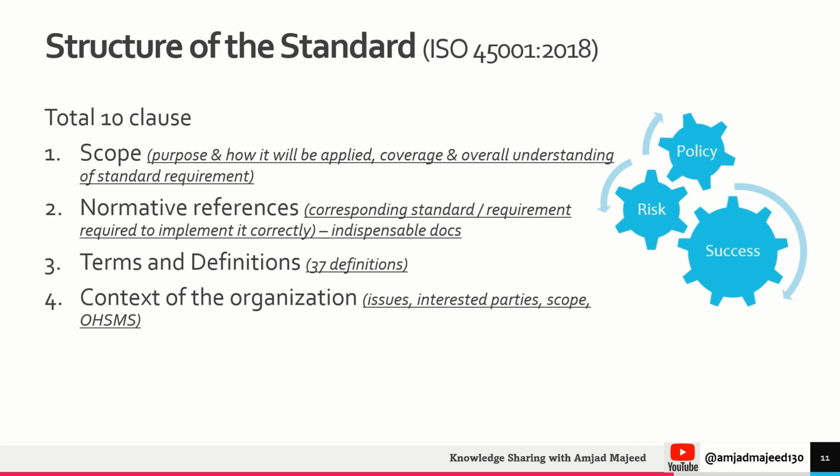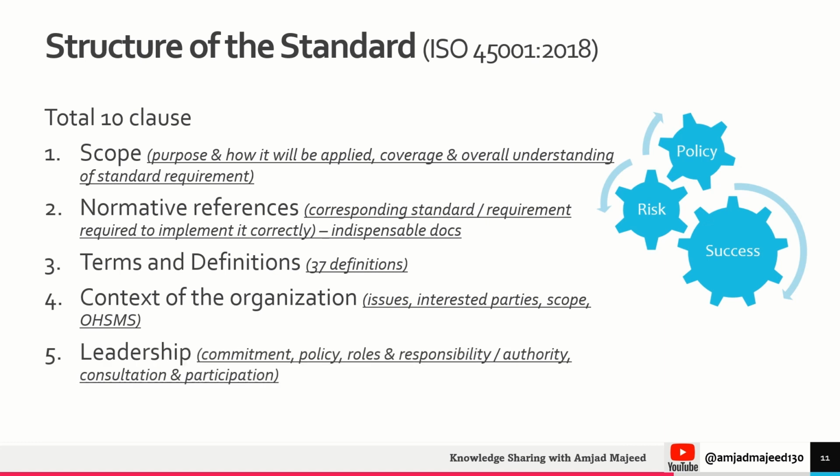The context of the organization is clause number 4. It talks about the internal and external issues, interested parties, scope, and the occupational health and safety management system. Then the 5th clause is about leadership, which has the commitment part, the occupational health and safety policy, the roles, responsibilities and authorities, and consultation and participation.